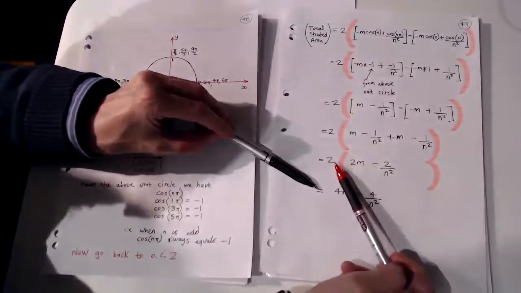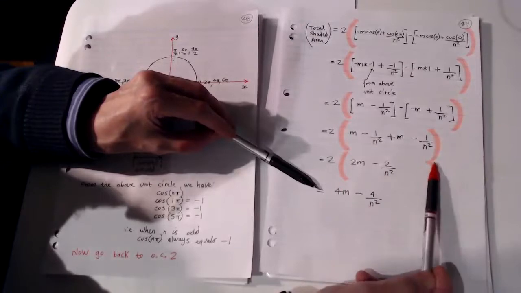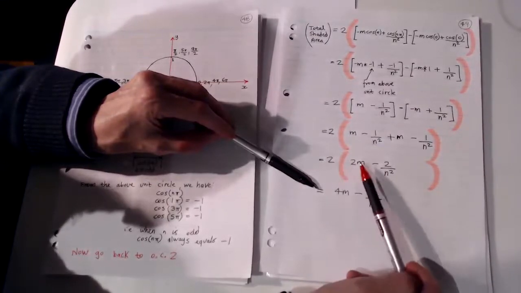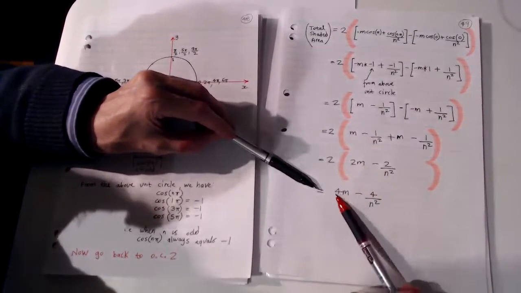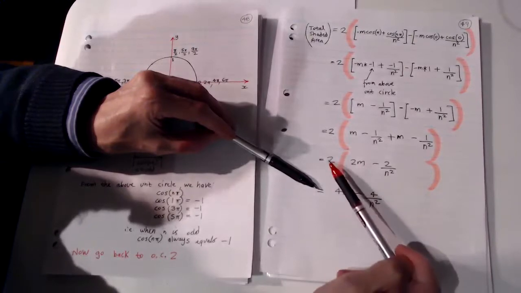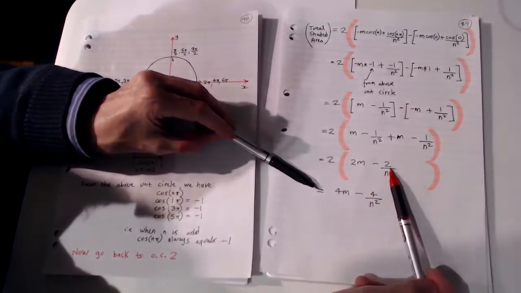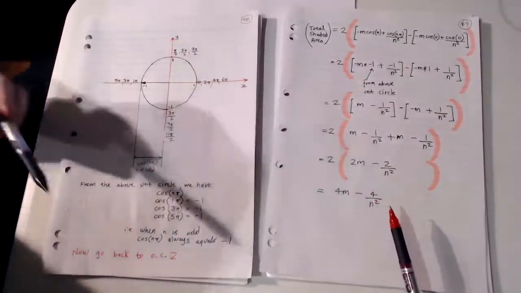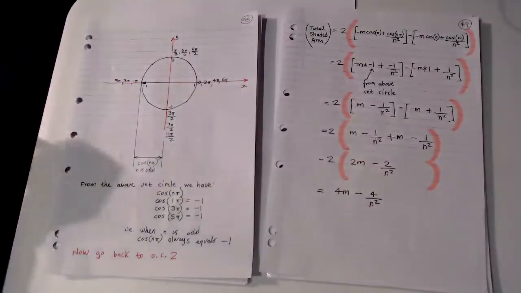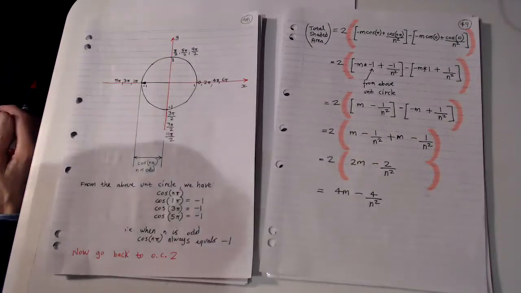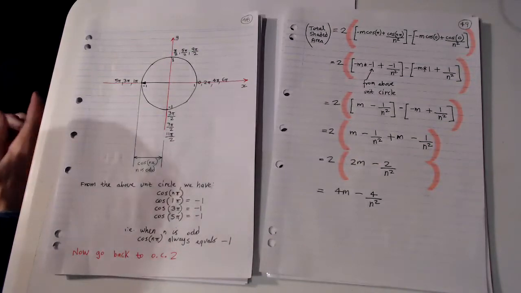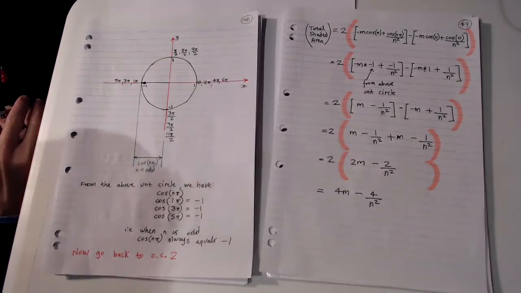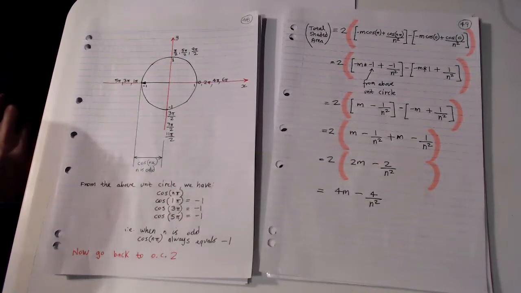Then we say 2 times everything inside these pink highlighted brackets. 2 times 2m is 4m, and 2 times negative 2 is negative 4 on n squared. And by doing that, we would have covered part 2 of D. And by doing that, we would have done the whole of question 4.